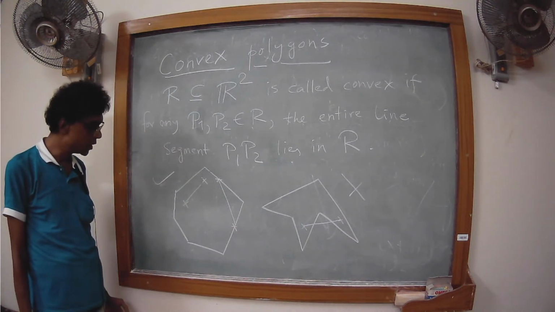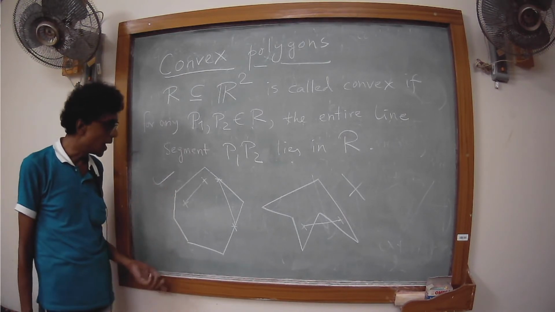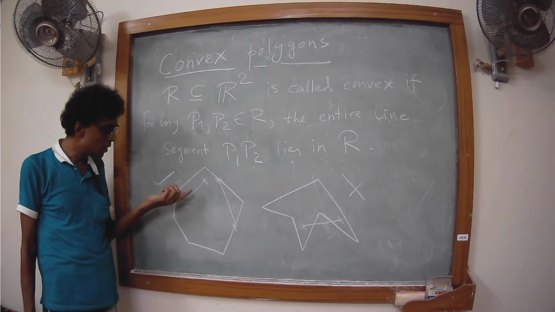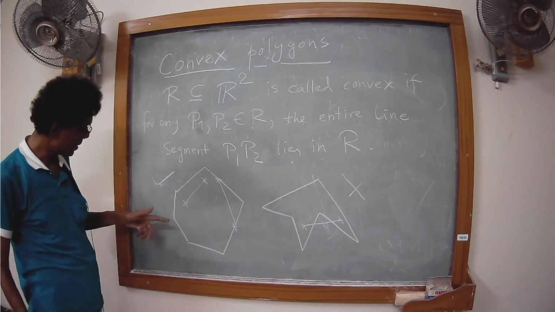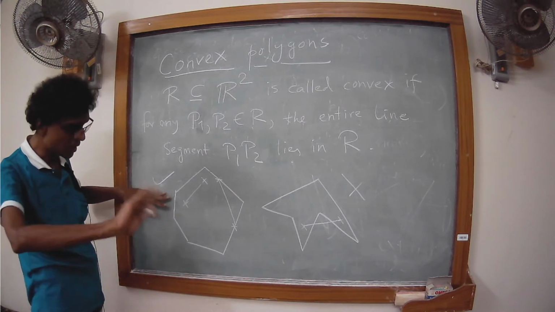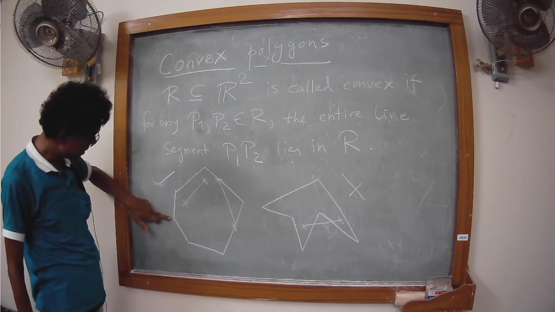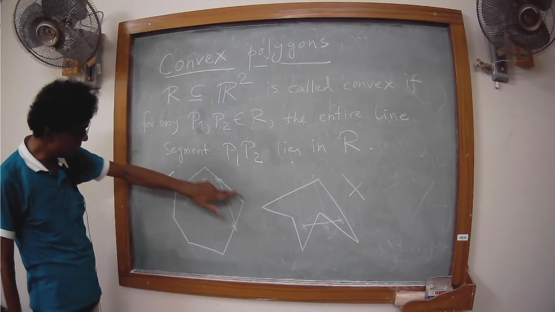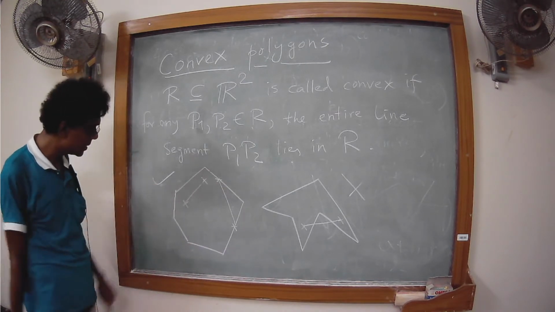So we will soon work with convex polygons, and again we may make some kind of assumption that we will take the so-called right orientation. That is, I will start from any point and traverse in such a direction that the interior always stays to my right.